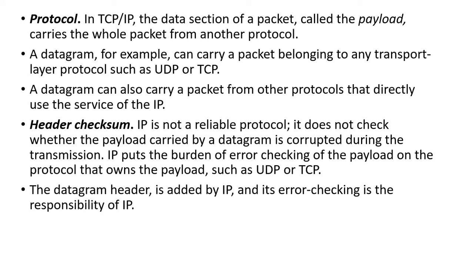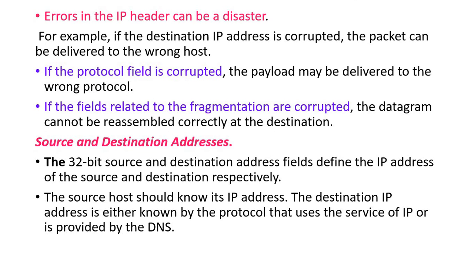This is used here to minimize the possibility of errors and to have a proper way of communication. For example, if the destination IP address is corrupted, the packet can be delivered to the wrong host. If the protocol field is corrupted, the payload may be delivered to the wrong protocol. So these are the kinds of errors that can happen in the IP header.